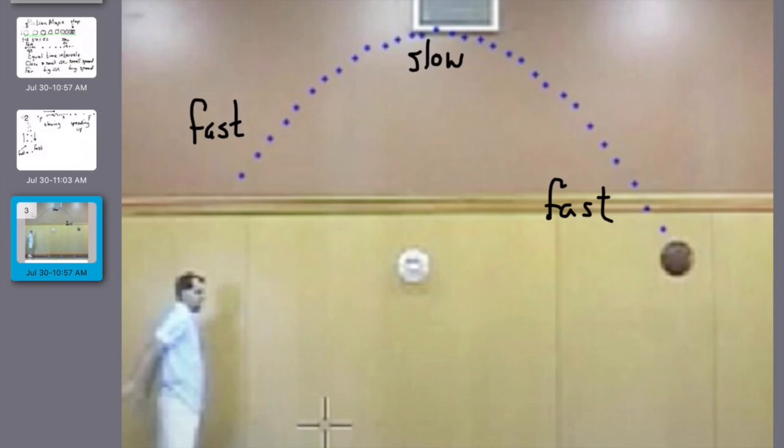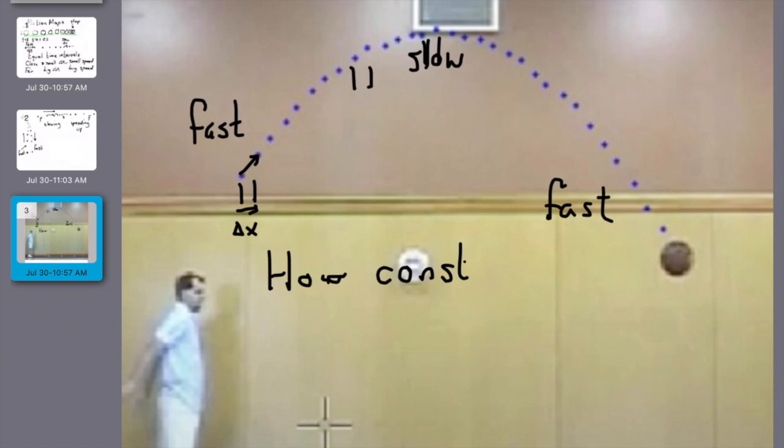But what's really interesting about this motion is, yes, that is the change in position. But if we look at the horizontal change in position, it's about the same every time, even up at the top. That horizontal delta x is consistent the whole time. That means horizontally, constant speed.